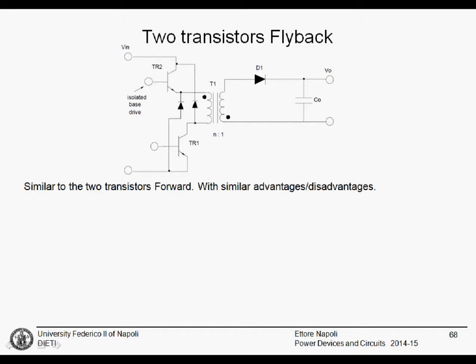And also in this case, instead of recovering the energy of the magnetizing, parasitic inductance with the tertiary winding, instead of allowing a flyback voltage that is larger than Vin when the output voltage is reflected to the input, also in this case we can use the two transistors with the two diodes to block the voltage on the transistors. Similar advantages and disadvantages that we have for the two transistor forward converter.